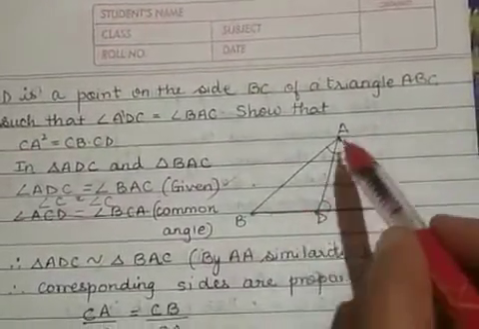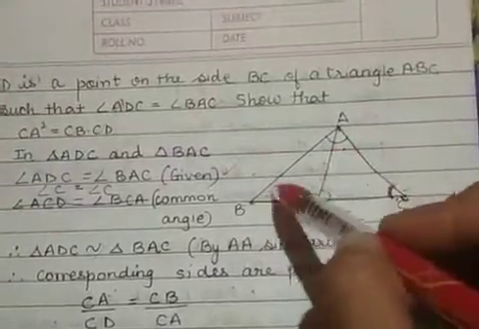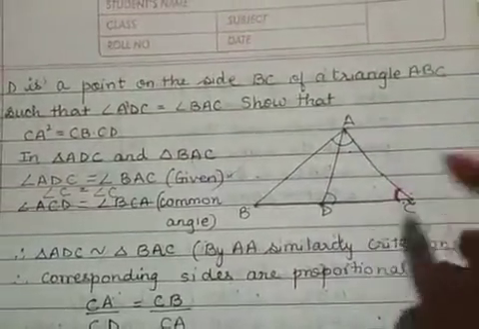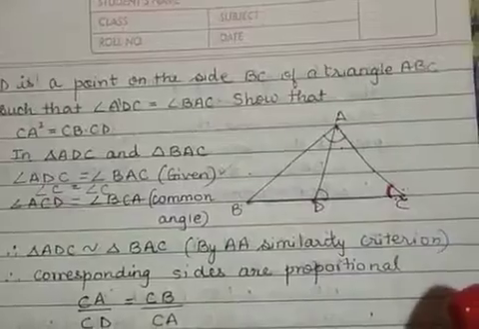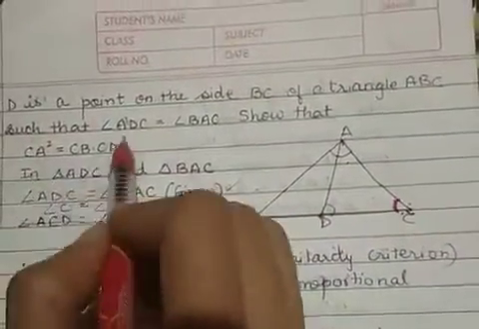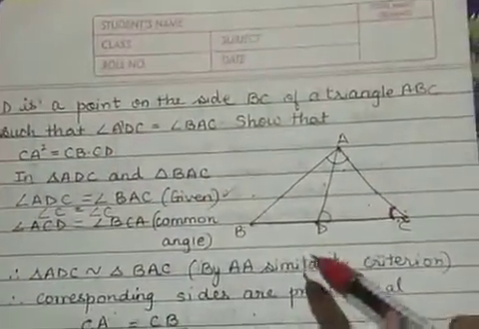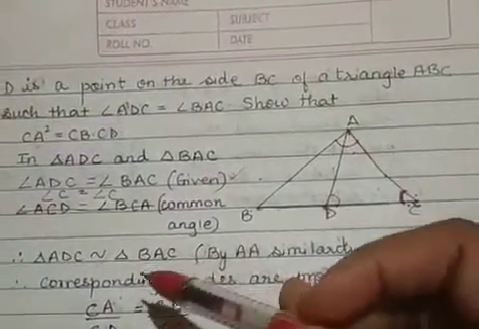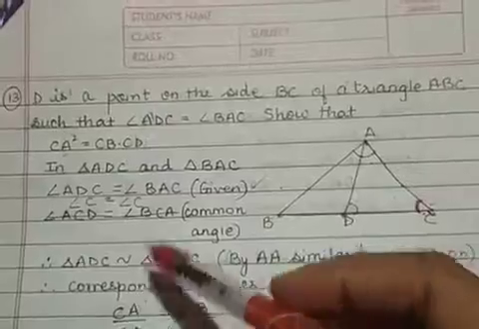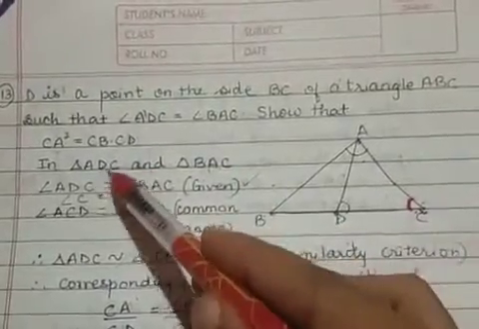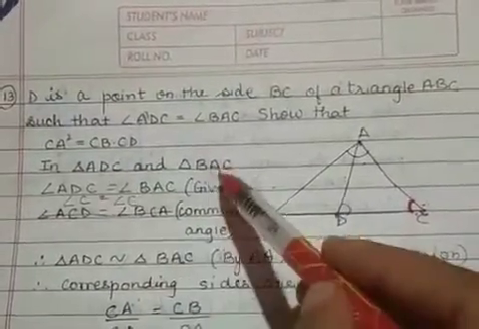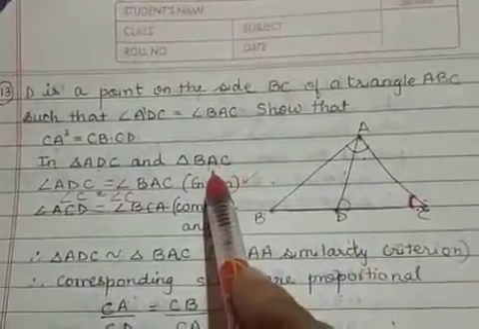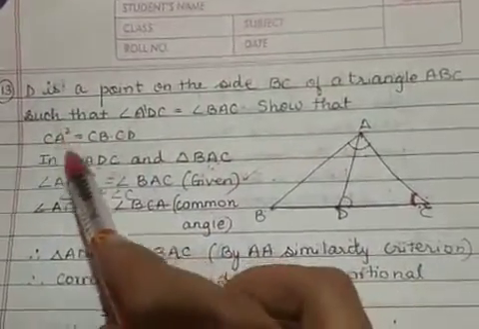Okay, if the two triangles are similar, the corresponding angles are equal and the corresponding sides are proportional. Now since I have sides which have to be proved, we'll take the corresponding sides. Which corresponding sides? CA upon CD will be equal to, why am I taking CA and CD? Because that is what is required here.